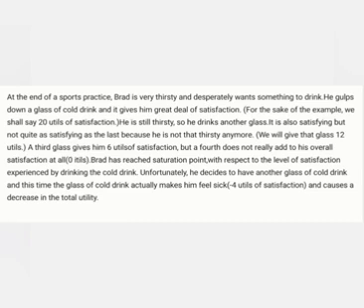Brad has reached saturation point with respect to the level of satisfaction experienced by drinking the cold drink. Unfortunately, he decides to have another glass, and this time it makes him feel sick and causes a decrease in the total utility.